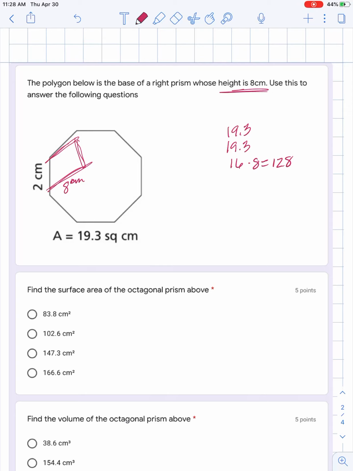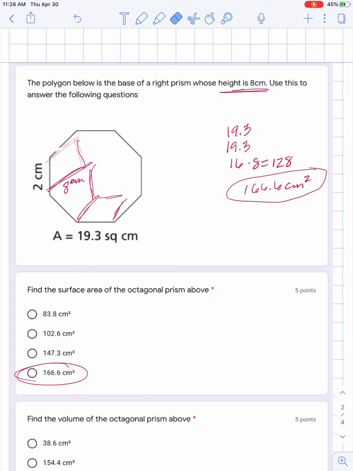So 128 plus 19.3 plus 19.3, and we get 166.6 square centimeters because we are finding the surface area. So that is our surface area, right? We got to find the area of each wall. And then I'll also add in the area of our bases, the top and the bottom.